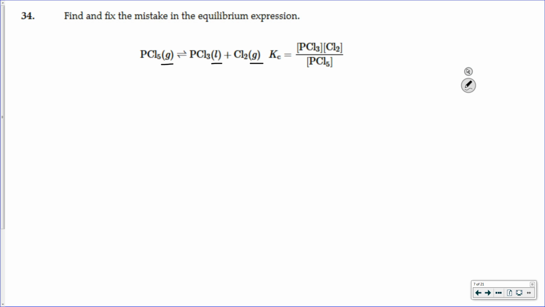And if you remember what we said, if things are in the pure liquid state or they're in the solid, then they're not in the K expression. But if they're aqueous, they are? If they're aqueous, they are. That's correct. Or if they're gases, they are.